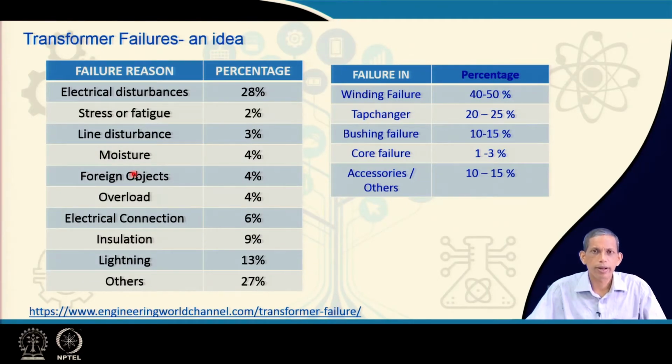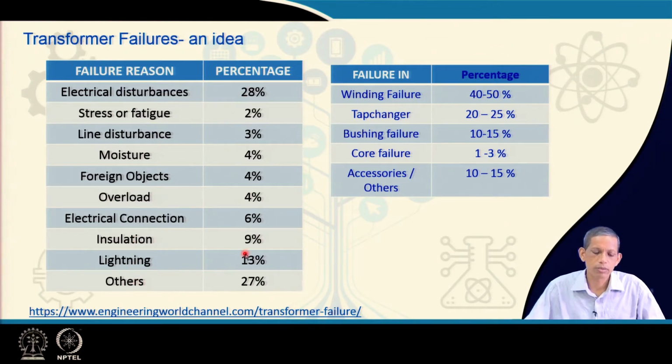Just to give you an idea of the important factors, these are the failure reasons: electrical disturbance, stress or fatigue, mechanical, line disturbance, the external one, moisture, foreign objects, overloading, improper electrical connection, insulation issues, lightning and others.